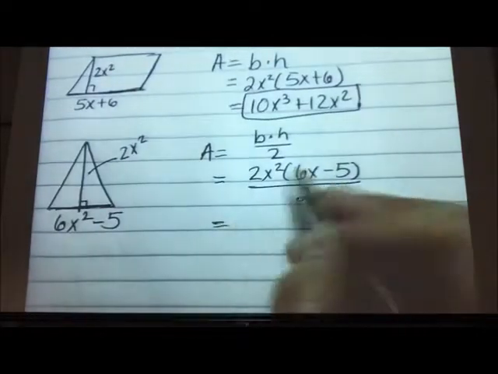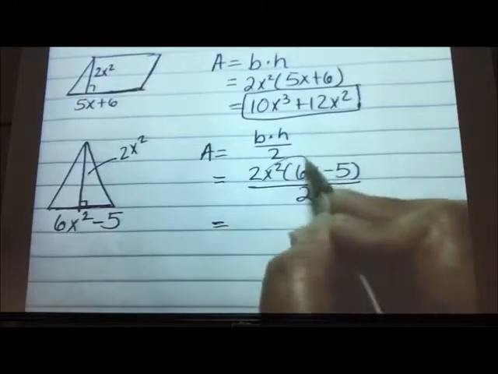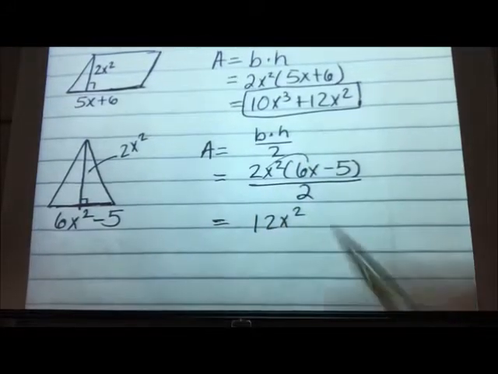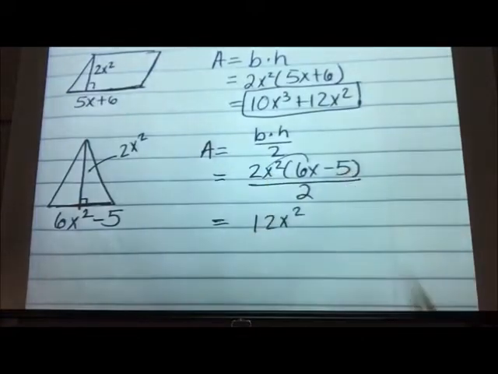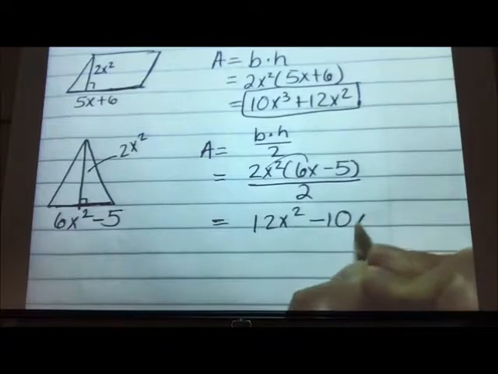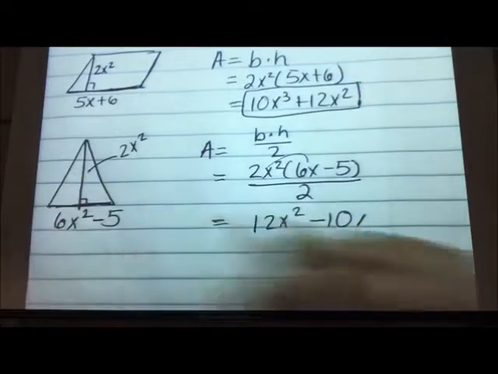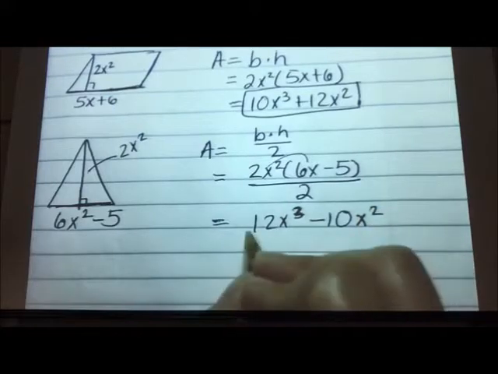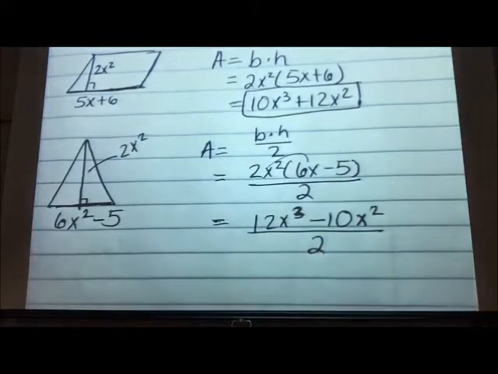So we take care of the top. 2x squared times 6x, 12x squared. 2x squared times a negative 5, negative 10. Oh, and this was supposed to be a cubed. This one should be a square. All this divided by 2.